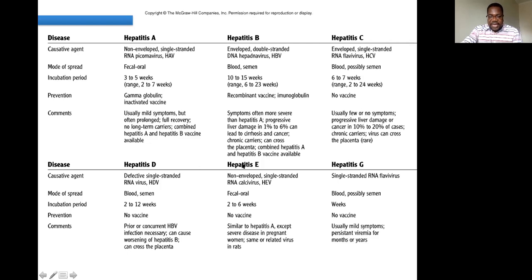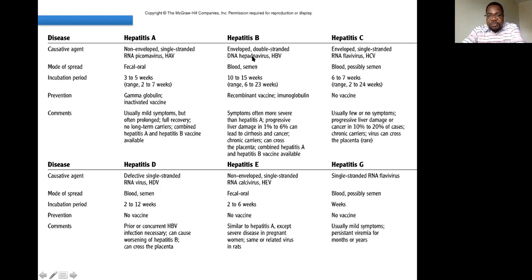But E is also a non-enveloped, single-stranded RNA virus, but it's not a picornavirus like hepatitis A, it is a calicivirus. If we compare A with E, they behave in the same way, but those causative agents don't belong to the same family. So this is a picornavirus, this is a calicivirus.